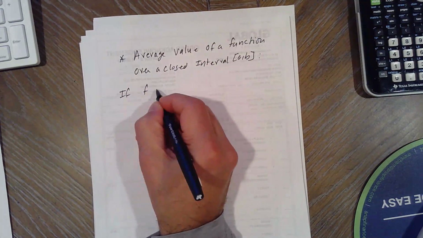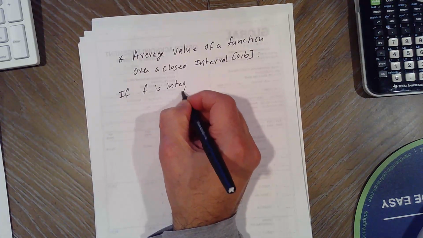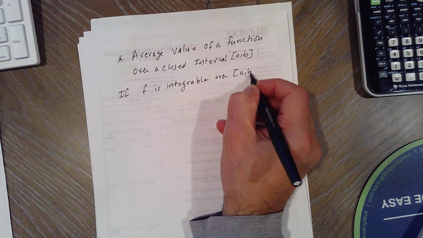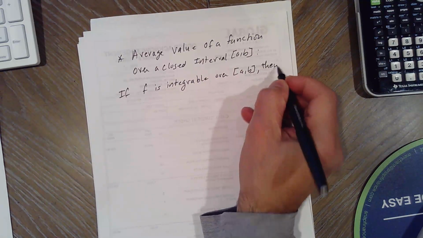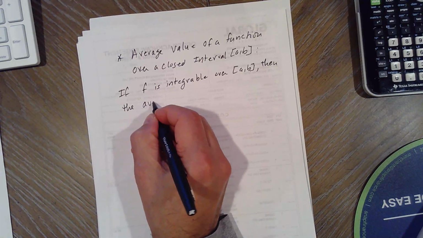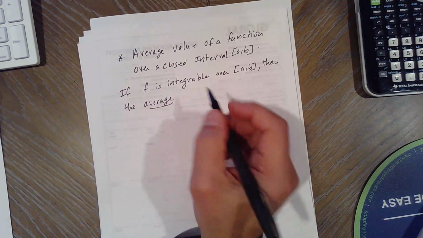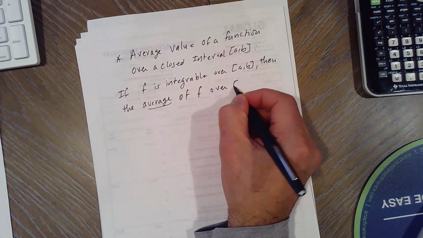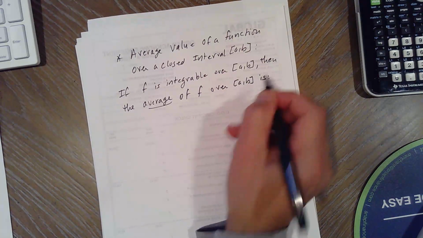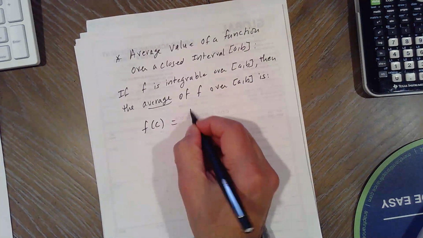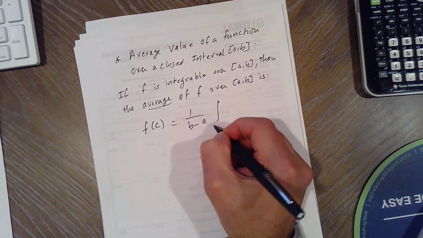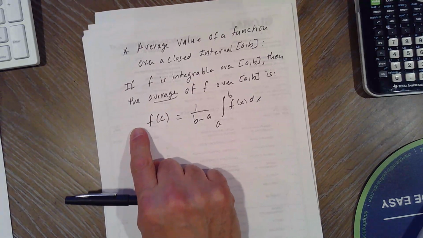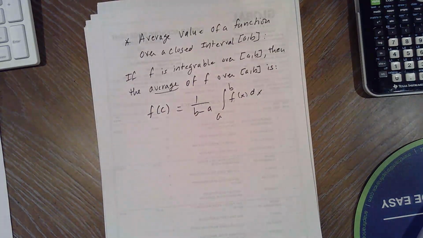If f is integrable over [a, b], then the average, so when they ask for the average, that means they want f of c, of f over [a, b], is exactly f of c that we know, which is 1 over b minus a times the integral from a to b of f of x dx. Remember, we had f of c times b minus a, so if we divide by b minus a, we get the formula.